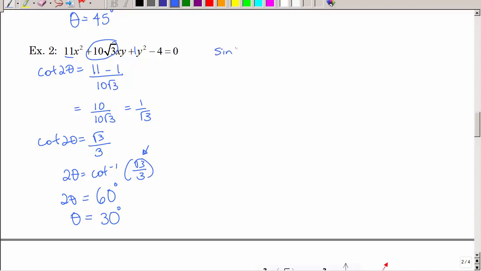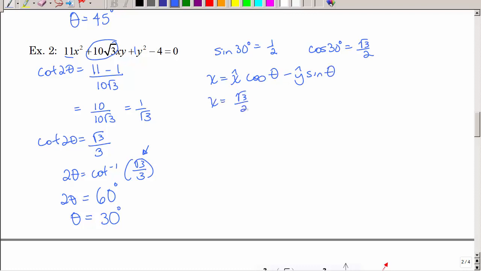So the sine of 30 degrees, remember, is 1/2, and the cosine of 30 degrees is the square root of 3 over 2. So now we're ready to write our rotation formulas. So we have the cosine of theta, square root of 3 over 2, times x hat, minus 1/2 y hat.